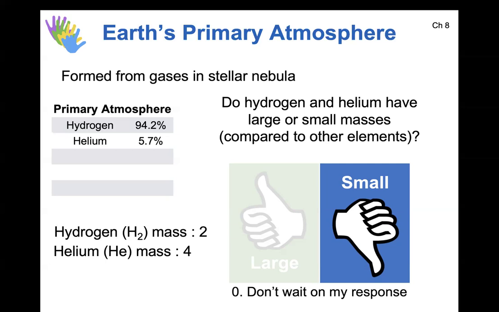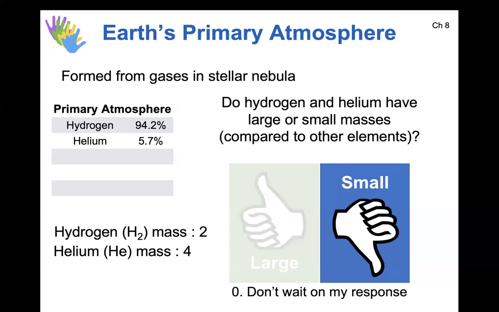The masses here are interesting because notice that hydrogen is listed as H2. That's because when you have hydrogen, almost under any conditions, it forms what's called molecular hydrogen, which is two hydrogen atoms together. They form a very stable bond and form what's called a diatomic molecule.